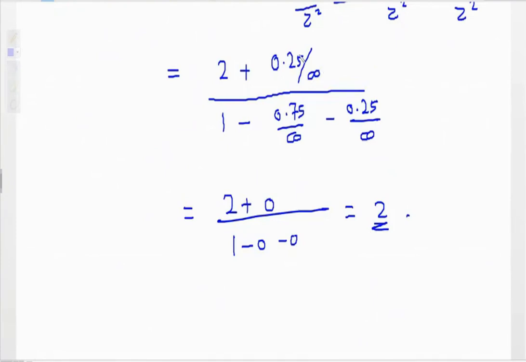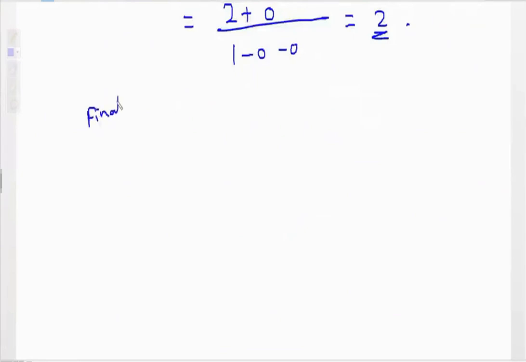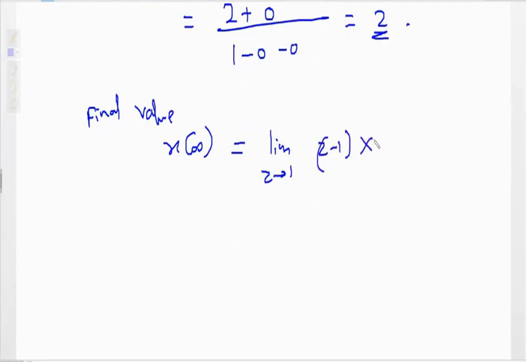Okay, next we have to determine the final value. The final value formula is x(∞) equal to limit z tends to 1 of (z − 1) X(z).